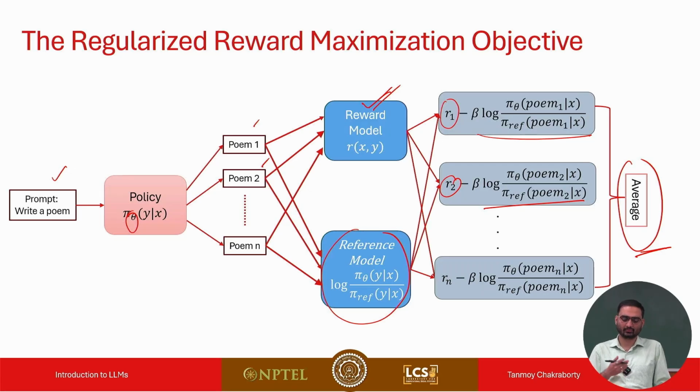Your objective is to define the parameters in the policy model. So when you have this kind of picture, what is the way to do this kind of maximization? Let's say this is some average, this is the reward maximization objective.